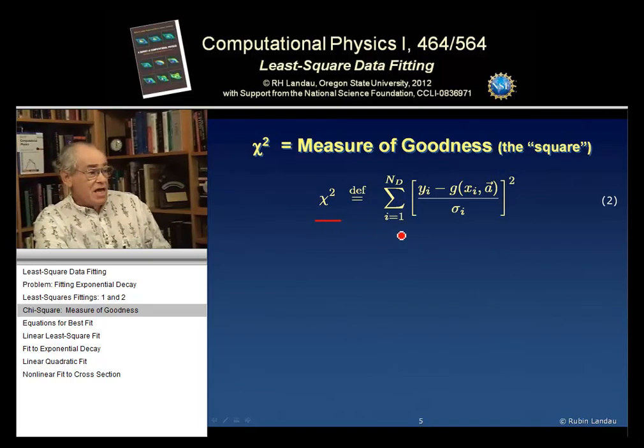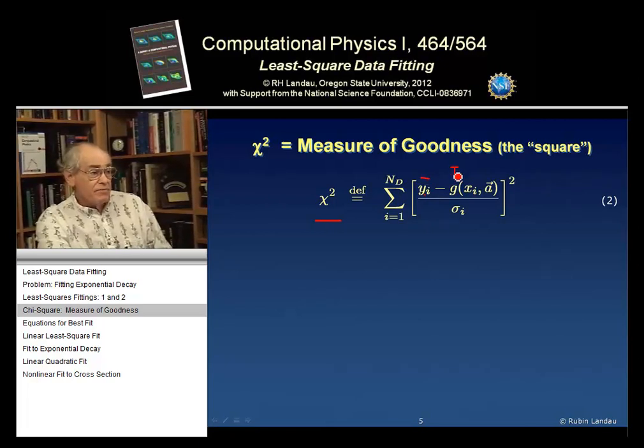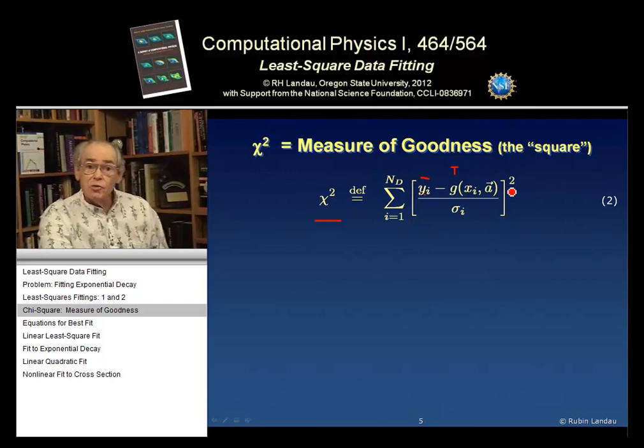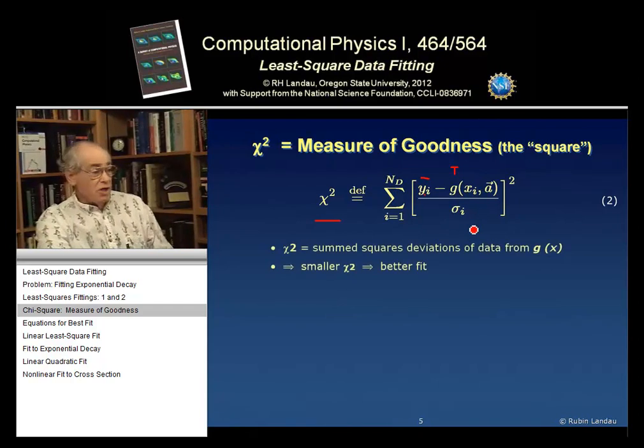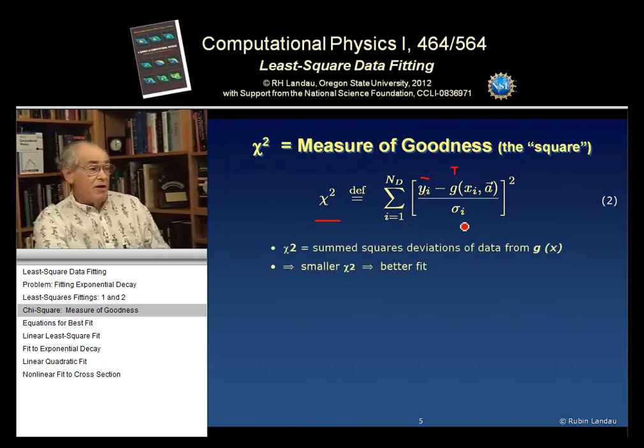Let's look at how different the data we measure, y sub i, is from the theoretical value given by the function for each point. Let's take the difference and square it. And then, because each data point can have some error associated with it, we divide by the error.